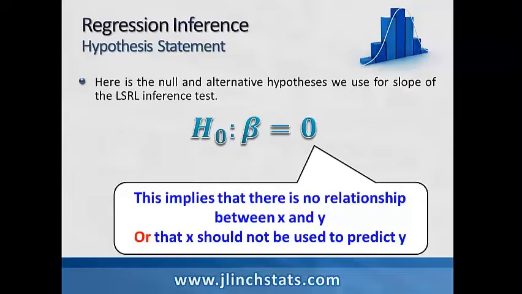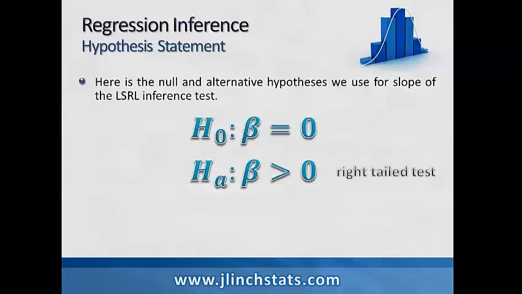Now we could do a right-tail test and check to see if the slope of our regression line is positive. Or we could do a left-tail test if we wanted to test to see if the slope of the least squares regression line is negative. Or we could do a two-tail test just to see if there's a linear relationship between our 2 variables. In other words, if there were, our slope of the least squares regression line would not be equal to 0.